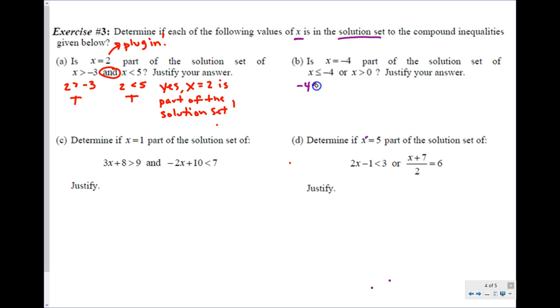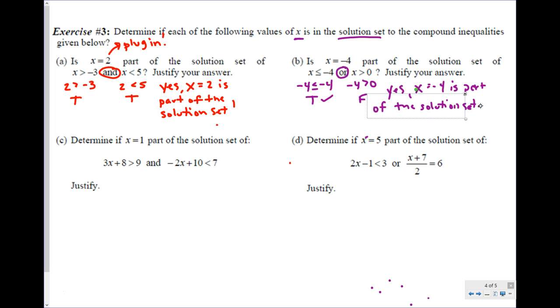So I have negative 4 less than or equal to negative 4, or negative 4 greater than 0. Is negative 4 less than or equal to negative 4? Yes, it's equal to it, so that's true. Is negative 4 greater than 0? Nope, it's false. So is negative 4 part of the solution set? Absolutely, because it's an or statement. If this was an and statement, it would be false because of this one not being true. But since it's or, I've got this one true, so that means that yes, x equals negative 4 is part of the solution set.